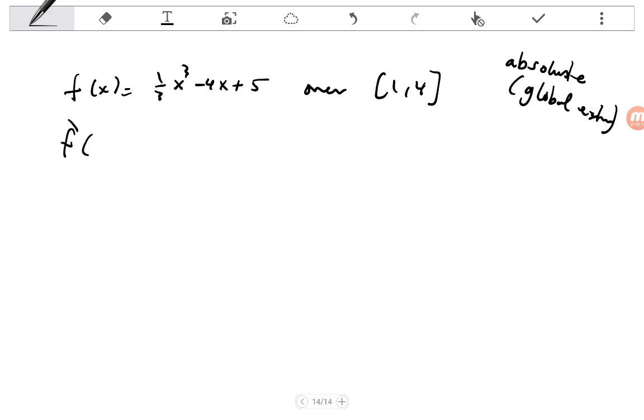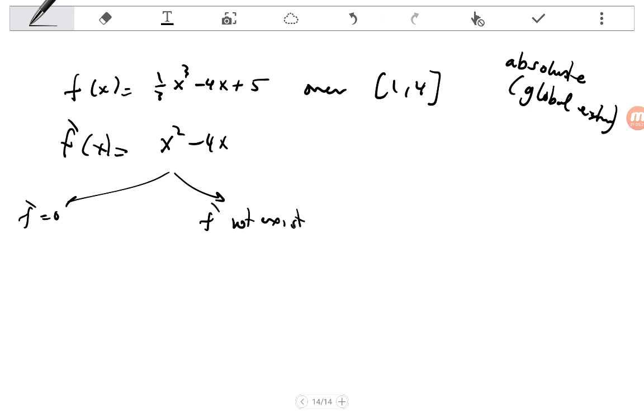So we find f dash, which will be x squared minus 4. I will check when f dash is equal to 0 and when it does not exist. For it to not exist, we need poles or sharp points.